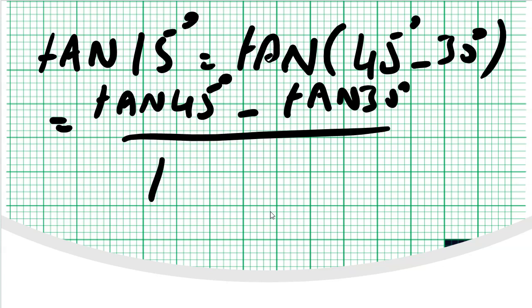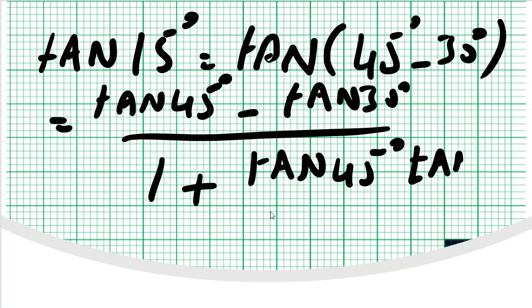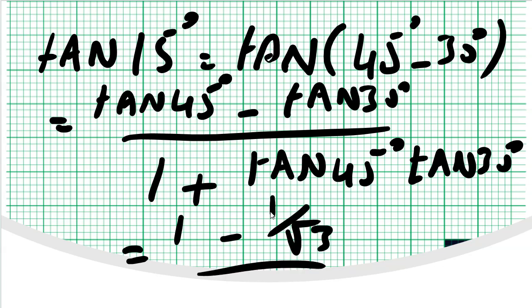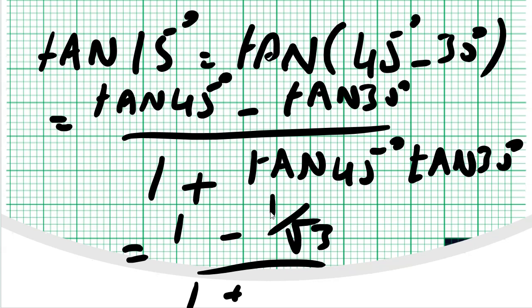And in the bottom, in the denominator, because the cosine changes the sign, I change that to 1 plus tangent of 45 times tangent of 30. And then here I have tangent of 45 is 1, minus 1 divided by square root of 3, and then 1 plus 1 divided by square root of 3. If I want to bring that square root of 3 to the top, I end up with square root of 3 minus 1 divided by square root of 3 plus 1.